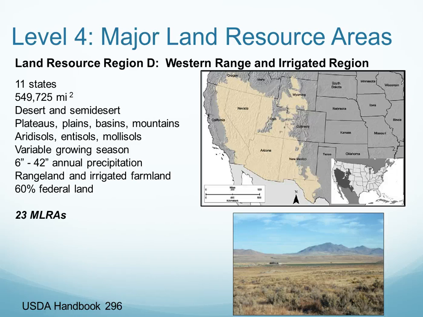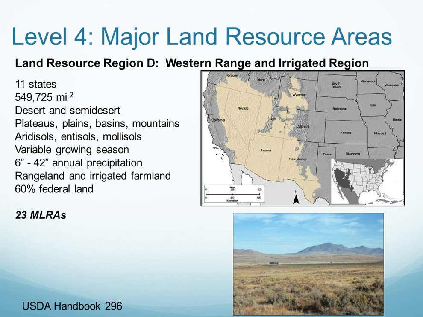It's predominantly desert or semi-desert in terms of its climate, and we can find a variety of landforms including plateaus, basins, plains, and mountains. The soils are generally aridisols and entisols with some mollisols, and we can see that we would have very variable growing season because it does span from relatively far in the north all the way down to South Texas.